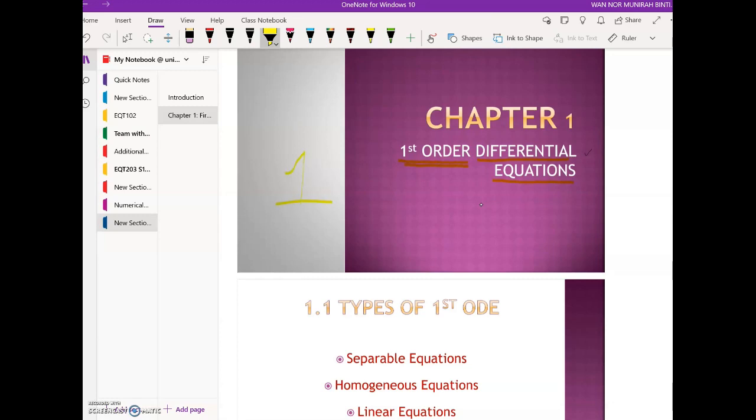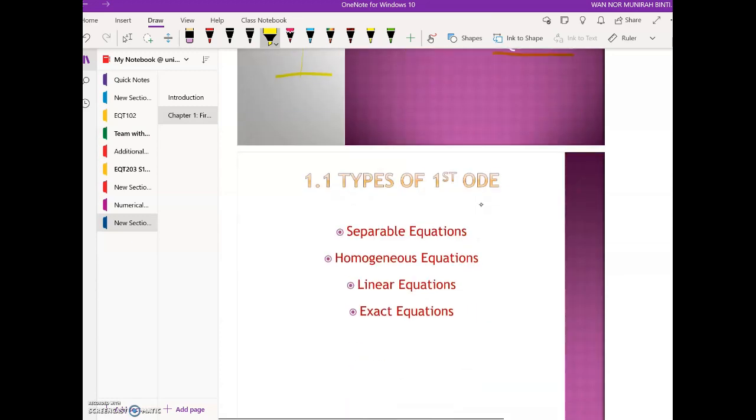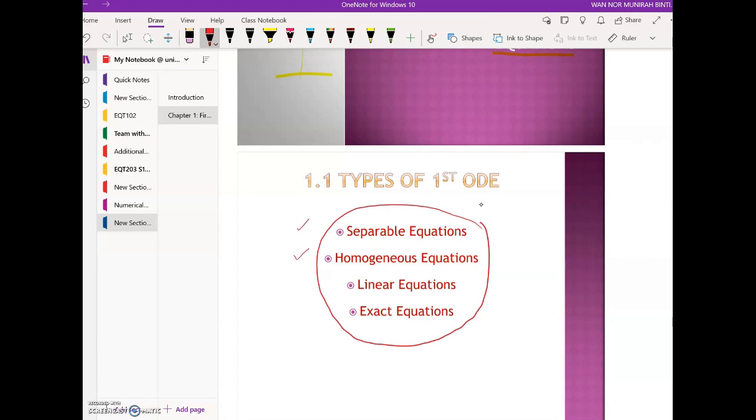That is the highest order or the highest derivative. Now we want to look at what the types of first order equations are. We have 4 types: first separable, then homogeneous, then linear, and the last one is exact equation.